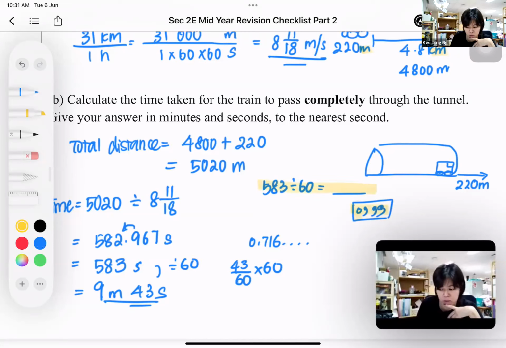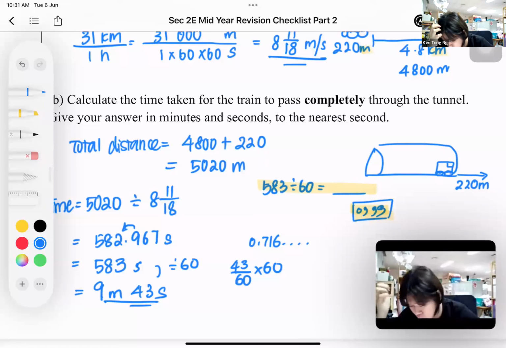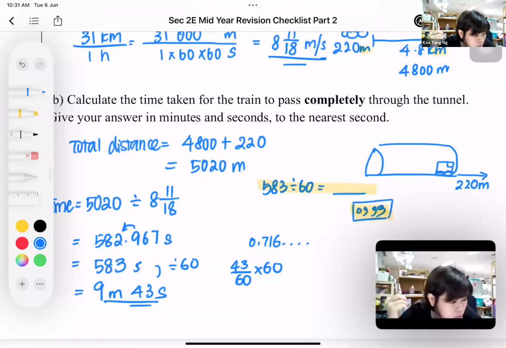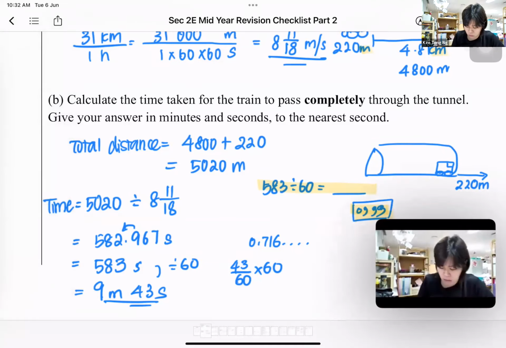You can use this button over here, the time button. Okay, can? If you're okay with this question, then I'll go on to the next question. Give me a thumbs up. Okay, can the rest? I'm going to go on to the next question, next page.